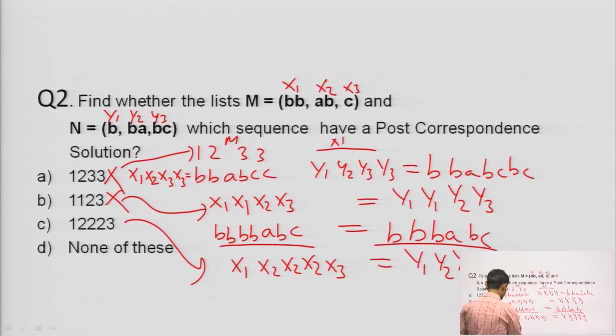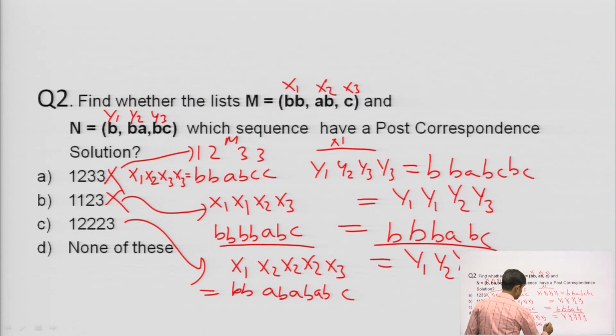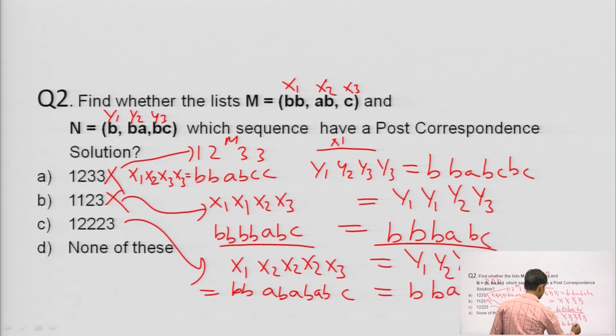Now x1 is bb, then ab, ab, ab, and this is c. And y1 is b, then ba, ba, ba, then bc.